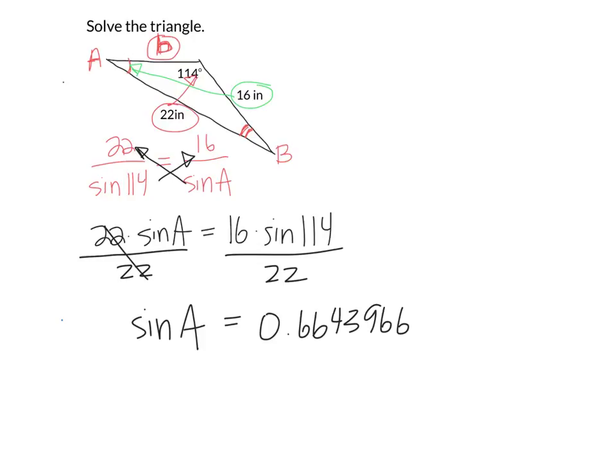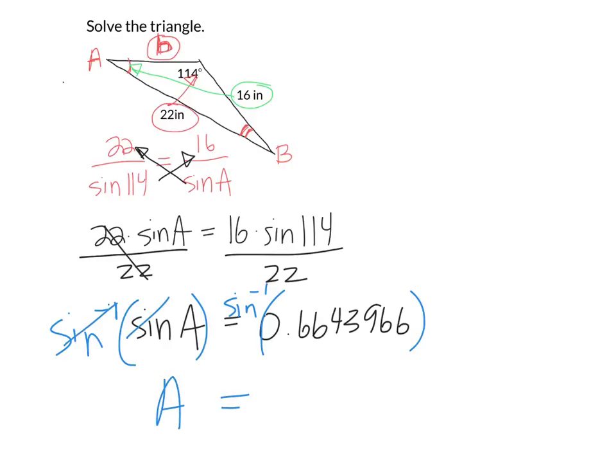So we undo sine by taking the inverse sine of both sides, or if it's cosine, the inverse cosine. So the inverse sine over here, inverse and normal cancel out, and here the inverse sine of this decimal is 41.6 degrees.